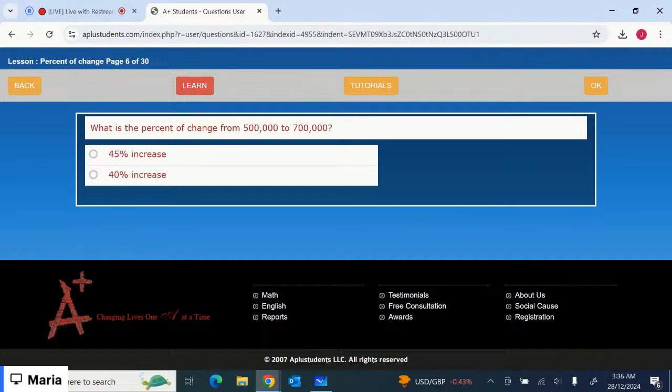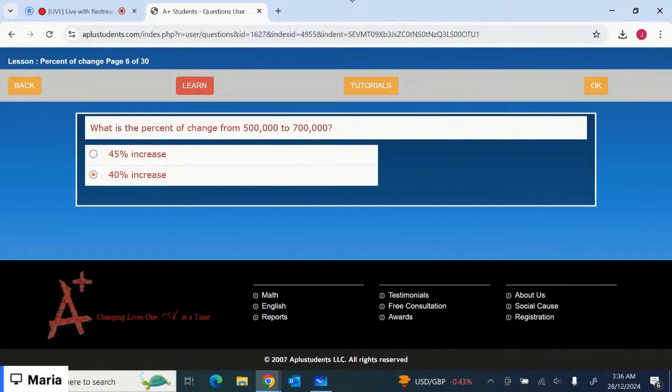What is the percent of change from 500,000 to 700,000? 700,000 minus 500,000 is 200,000. 200,000 divided by 500,000, that is 0.4.